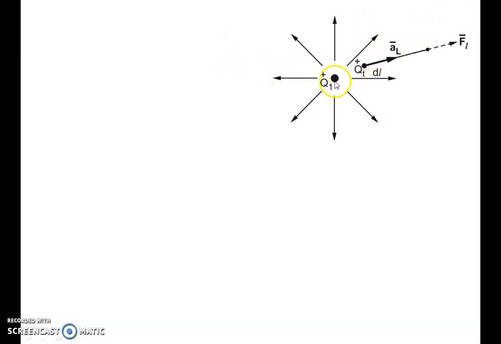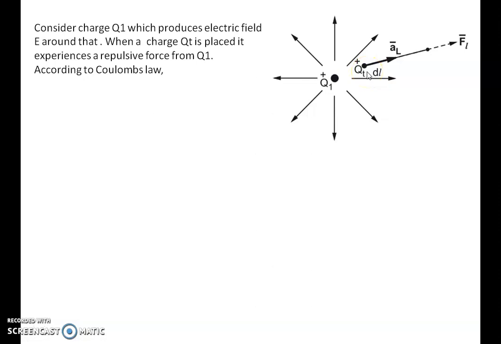How can we find the force between them? The force between them is written as the product of the magnitude of the charges divided by the distance between them. But we don't know the distance between Q1 and QT. But we know the electric field produced from this Q1.